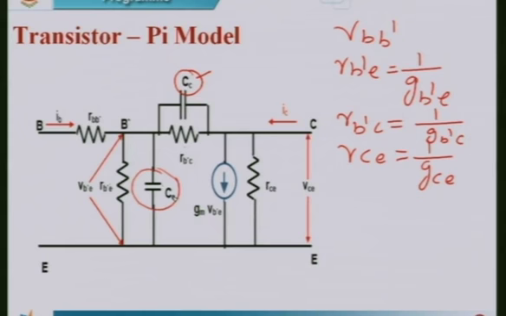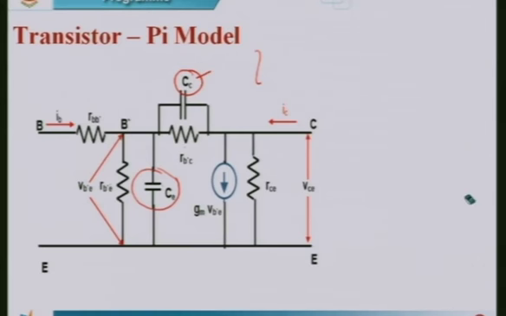Now the next question is, what are the approximate or typical values of these transistor parameters? They are given based on the transistor diode model. We know that the base emitter junction is forward biased, hence R B dash E is approximately equal to 1 kilo ohm.